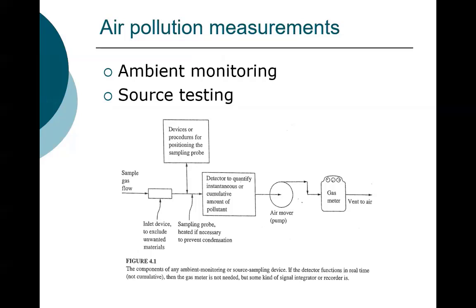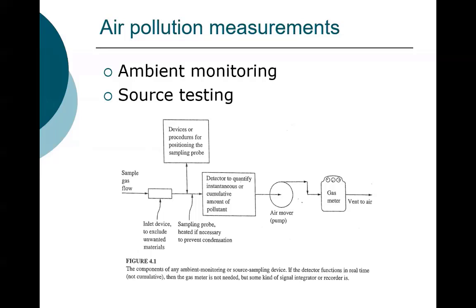All sampling involves essentially these components. We have some sort of gas flow, and we have an inlet device, which is often designed to exclude unwanted materials. We have, in some cases, a device or procedure that separates out the analyte we're trying to measure from everything else, or that fractionates the particles by size, for instance in the case of particulate matter.